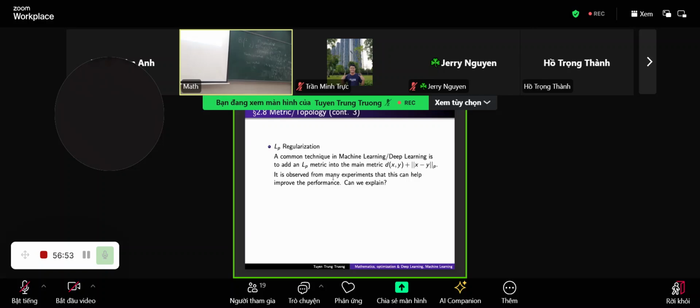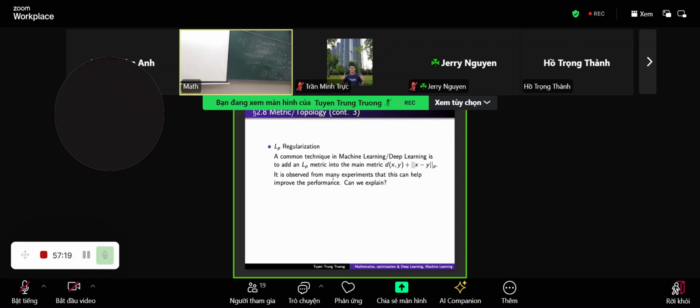Usually, for example in machine learning, at the end you have some metric or you have an optimization problem, and in the machine learning community they see that if you add something like an Lp term, everything might converge to a better thing.